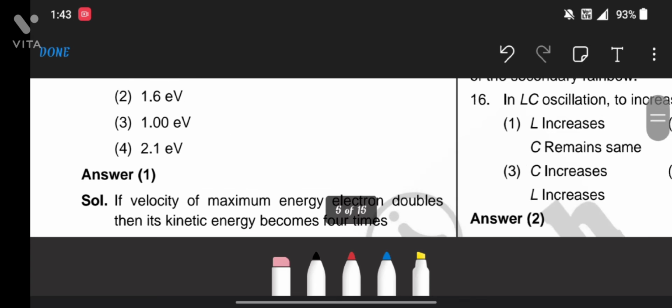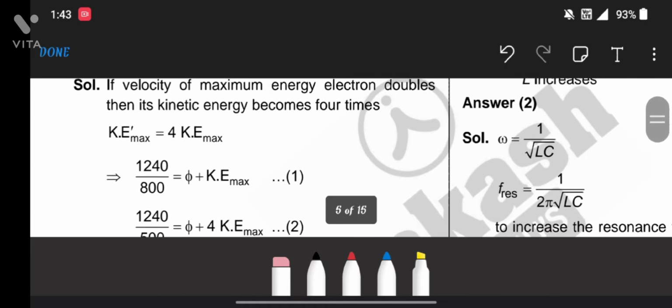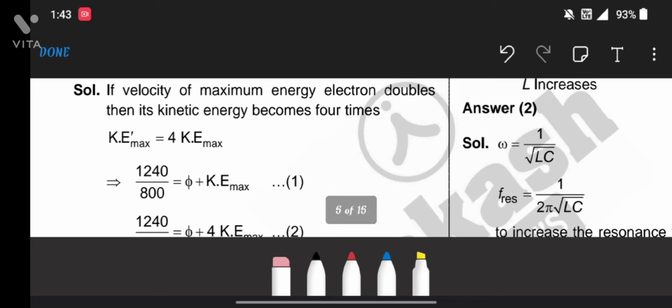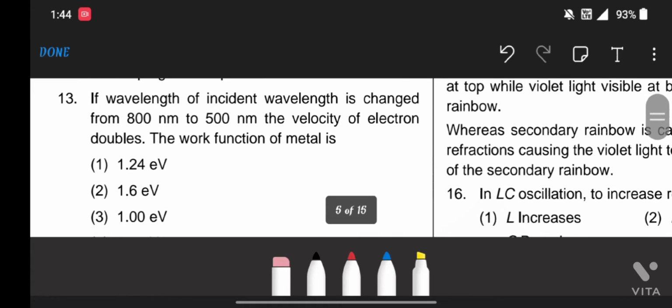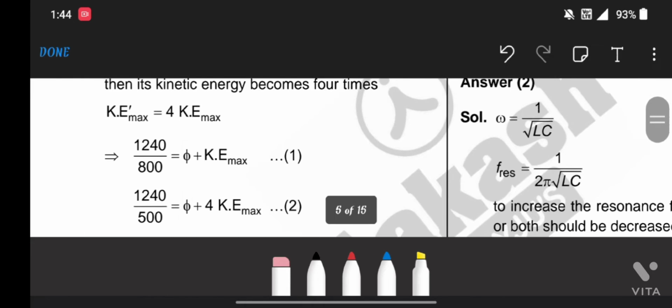Let us move on to the solution now. If the velocity of the maximum energy electron doubles, then its kinetic energy becomes 4 times. So kinetic energy maximum is equal to 4 times kinetic energy maximum. The values they have given are 800 nanometer to 500 nanometer, so 4 times, right?